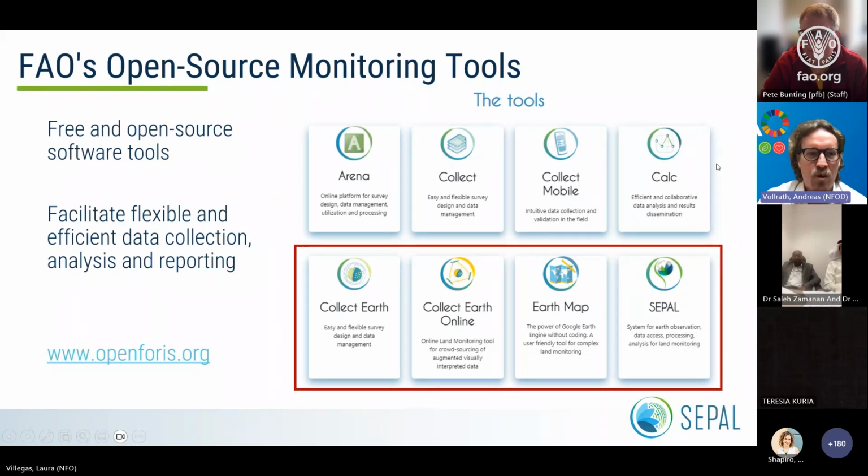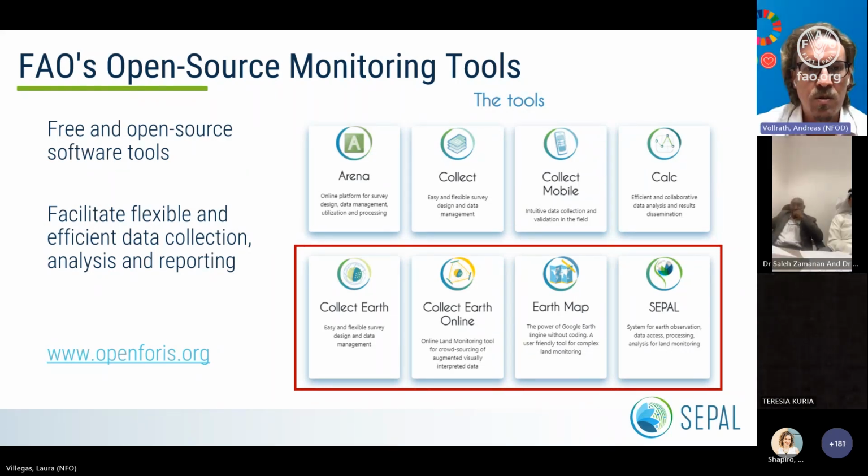The SEPAL platform is part of a bigger suite of open source monitoring tools. One has already been mentioned in the slides of Kenichi, which is Collect Earth Online and Collect Earth, which are two software packages. One is a desktop, one a web-based platform that allows for visual interpretation and sampling.